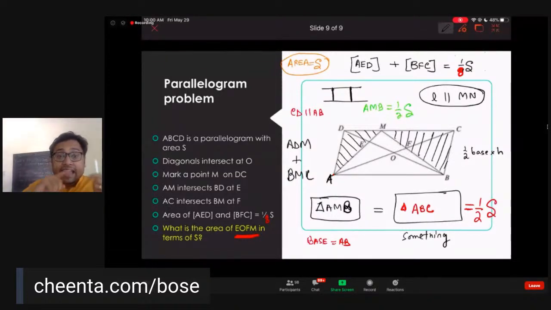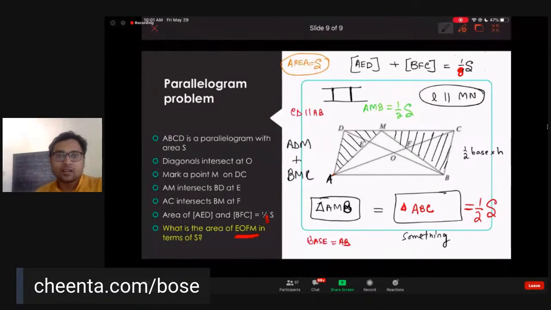We know that AMB is S over 2. What is ADM plus BMC? Excellent, because it's the remaining part of the parallelogram. You already have ABCD, and AMB is half the area.